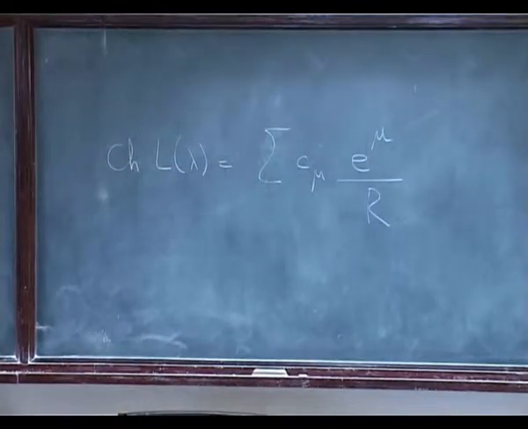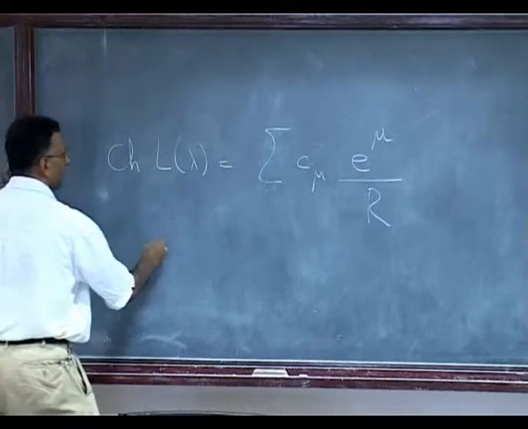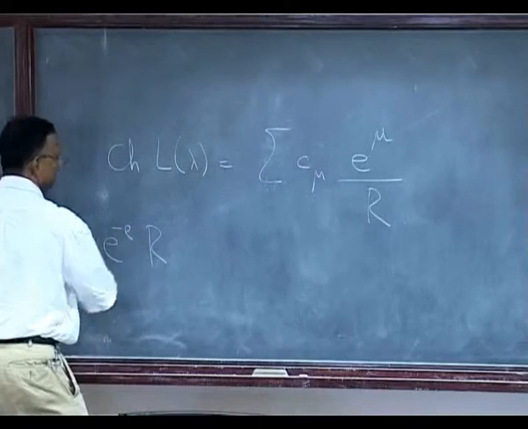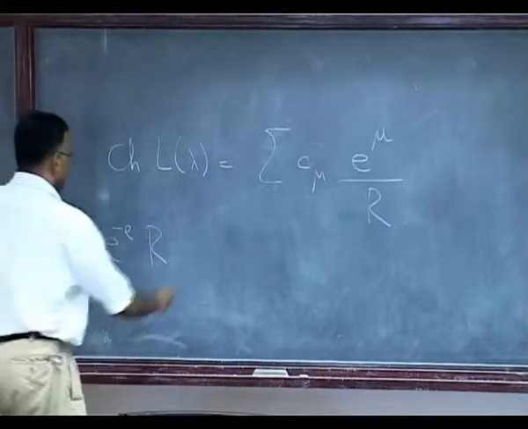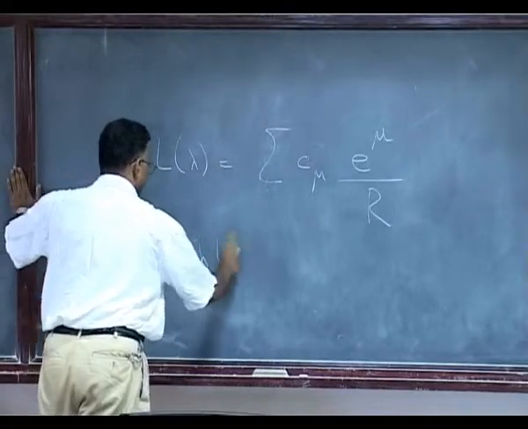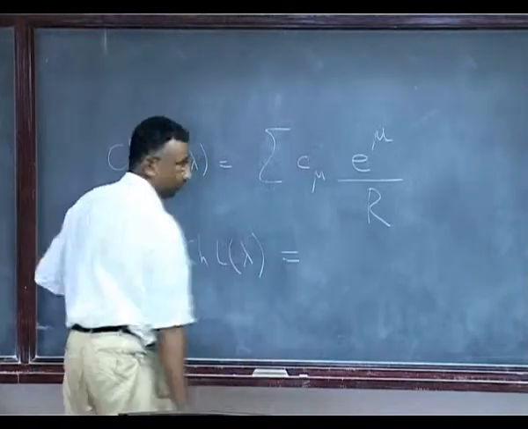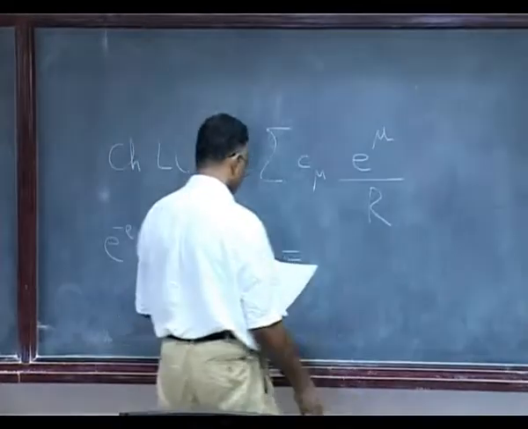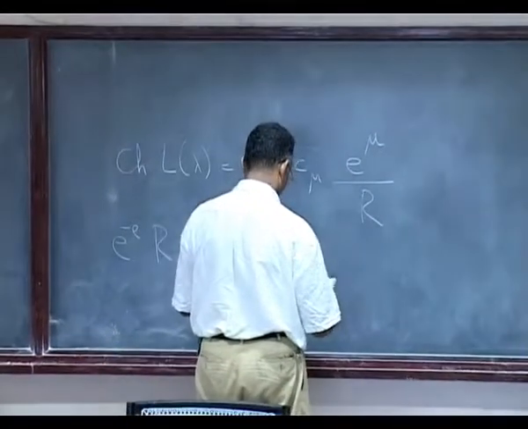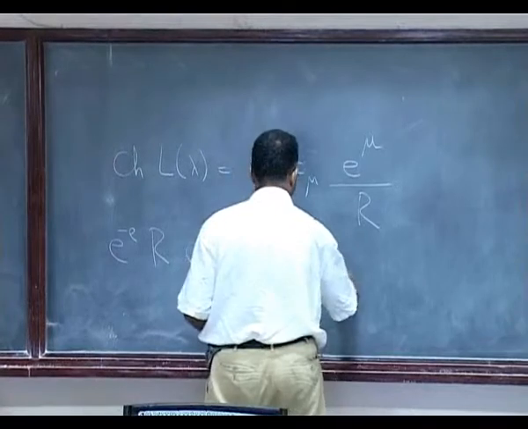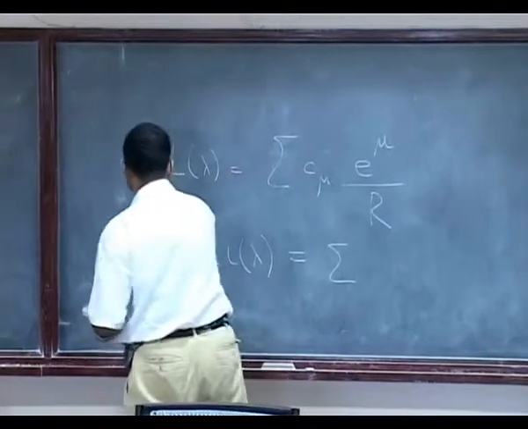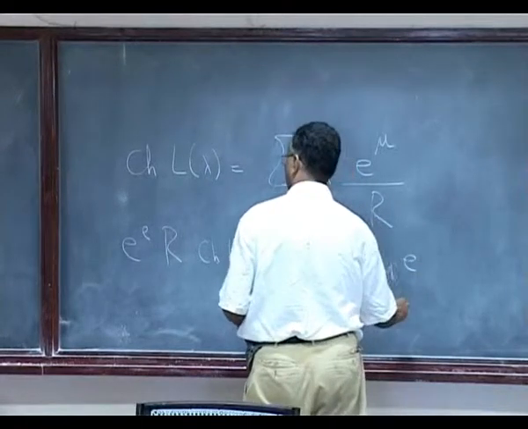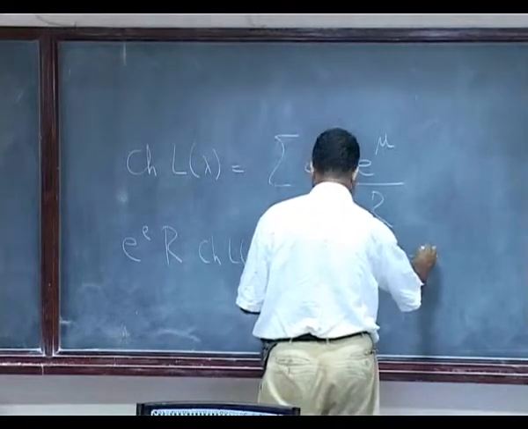Okay. Now, so you are reduced to showing R times E minus rho CH L lambda is equal to E rho is equal to C mu E rho plus mu.